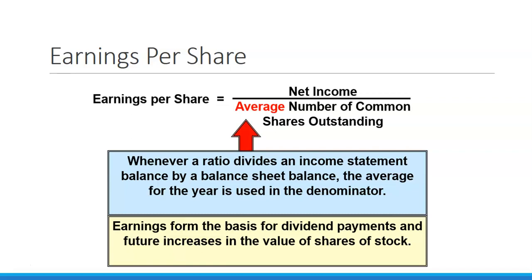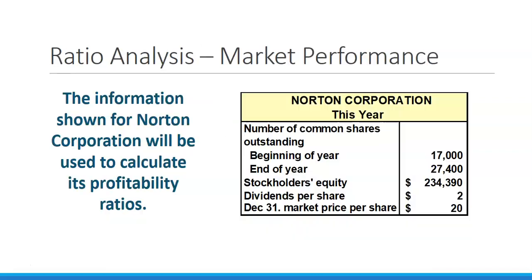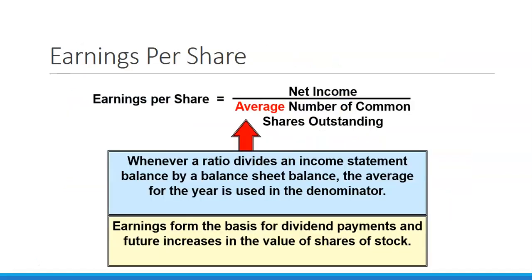So this is the average for an entire year. And as stock sales change from day to day, it can be difficult to tell. We can see here where we had 17,000 at the beginning of the year and 27,400 at the end of the year, that is what we would use to calculate our average for these calculations.